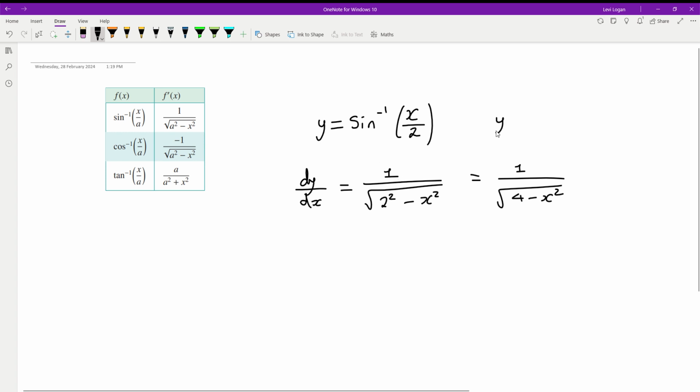But if you get given something like the other way, it doesn't necessarily work all the time and you're going to get something a bit weird. So what we can do is actually use a chain rule by differentiating the inside and differentiating the outside.